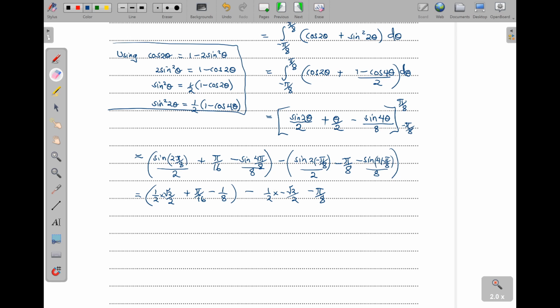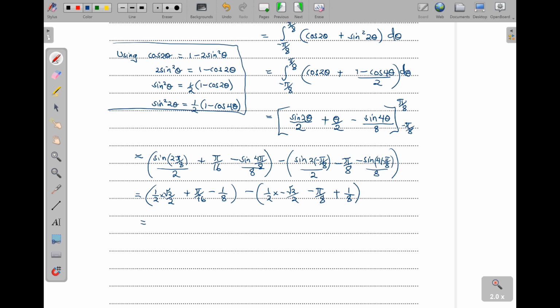I can actually open the brackets right away, but let me just leave it. Then plus, will it be a minus here? It will be a plus, because sine of negative 90 is negative 1. Sine of a negative angle is equal to negative sine of that angle. So the negative will multiply with this one, then you get a positive. So we shall get 1 over 8.